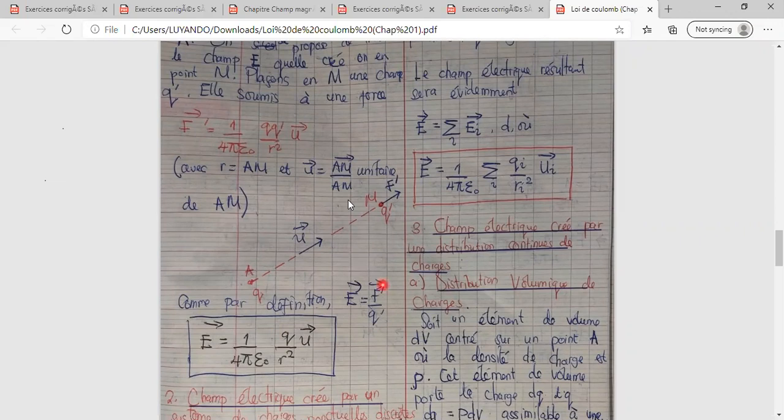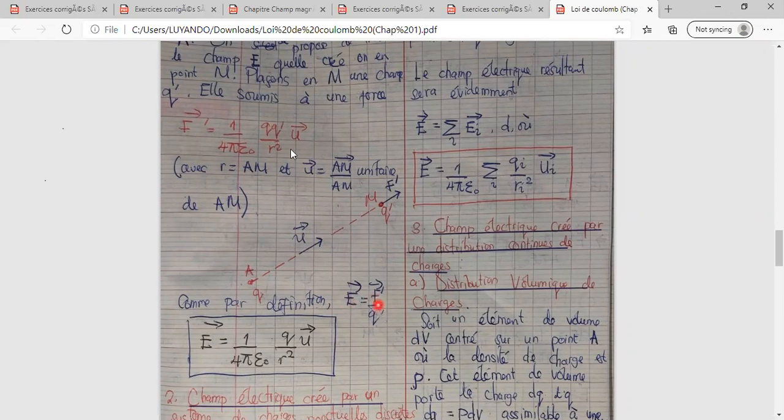Now in this scenario, we're trying to calculate the electric field produced by Q prime at point M. So we have the force produced by the charge Q prime, which equals 1 over this times this, in the direction U. Then we're told to calculate the electric field. So E is equal to the force over the charge.